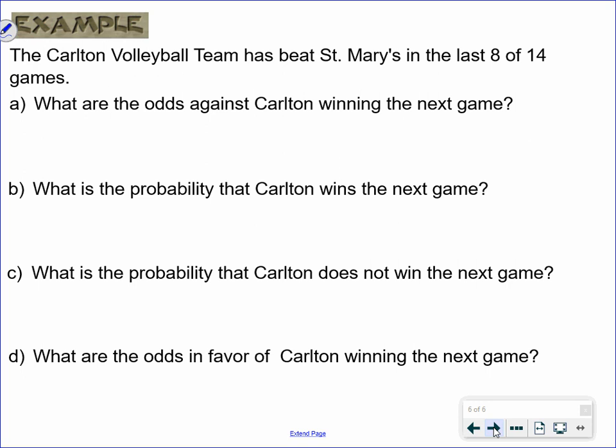The Carlton volleyball team has beat St. Mary's in the last 8 of 14 games. What are the odds against Carlton winning the next game? So odds against means we want losses compared to wins. So we know that Carlton has won 8 times.